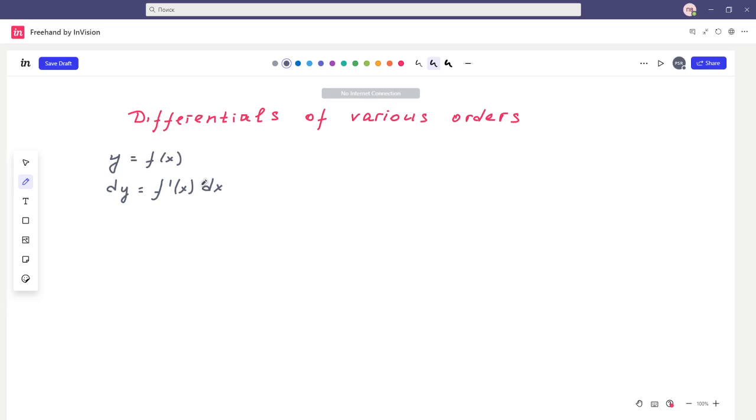The second factor dx is an increment of the independent variable x and is independent of the value of this variable. Since dy is a function of x, we have the right to speak of the differential of this function.